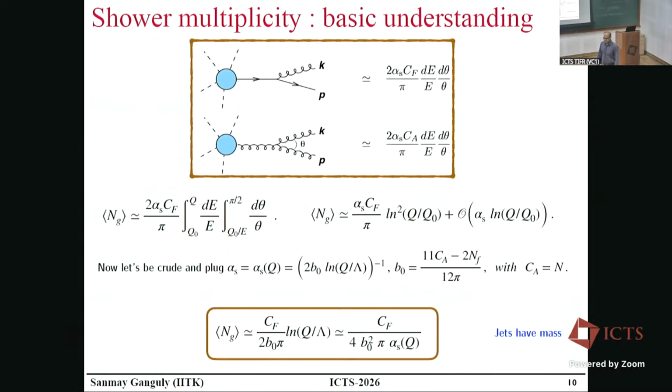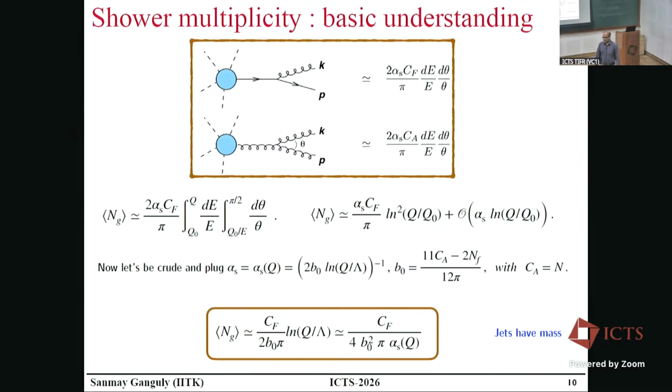Can you give me a physical sense of why you can ignore lambda QCD? No, I can't ignore that. What the statement says is: if I estimate the multiplicity of a parton shower and want to build a first-principle method to analytically compute it, what is the phase space regime over which my analytical computation is valid?